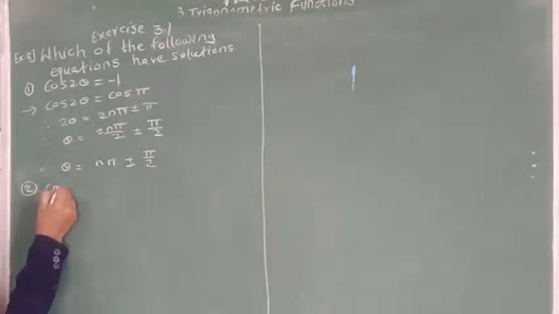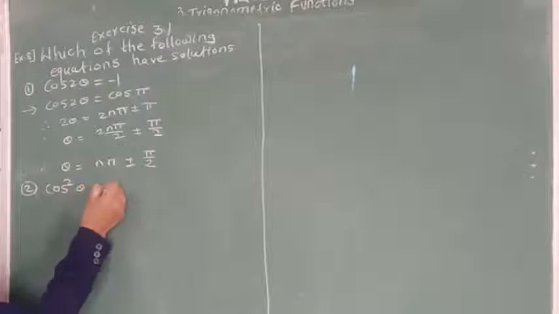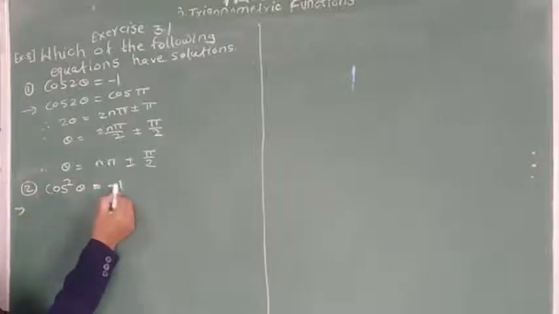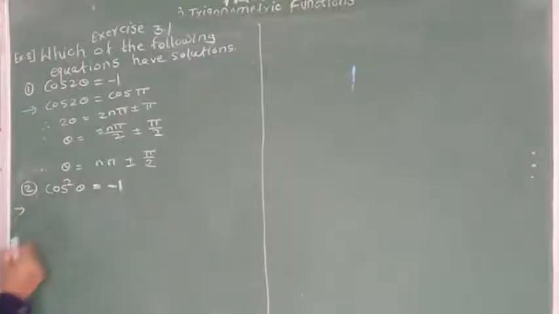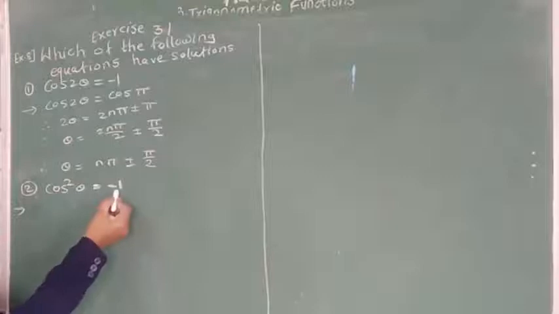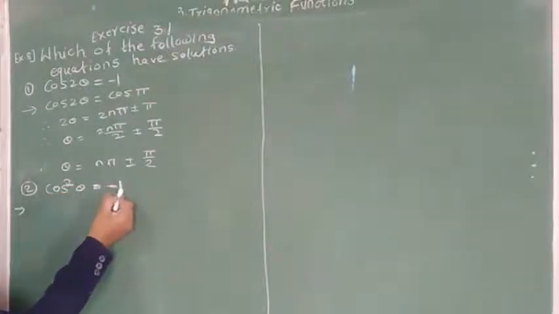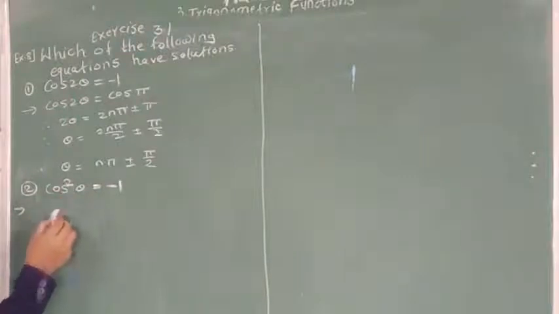Now the second example is cos square theta is equal to minus 1. So this is minus 1. The square of a real number is never negative. So this equation has no solution.